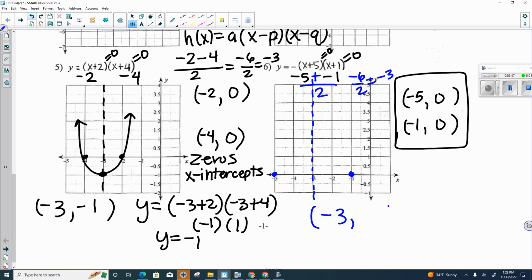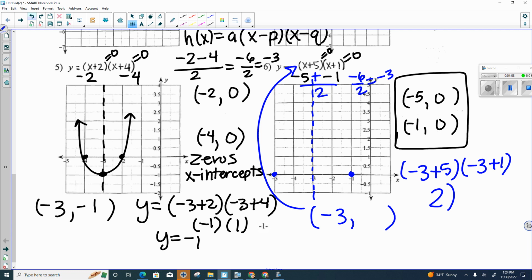The axis of symmetry is the x value of my vertex. To find the y value, I'm going to plug it into the original equation. So everywhere there's an x, I'll put a negative 3. These two examples, it's both been negative 3, but it's not always negative 3. Please don't think that that pattern is for some fancy reason. All right, so it's negative 3, negative 4.